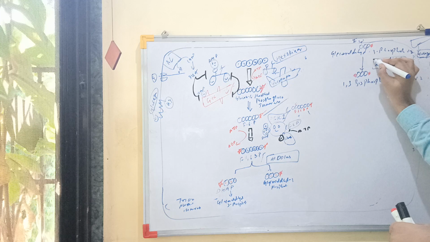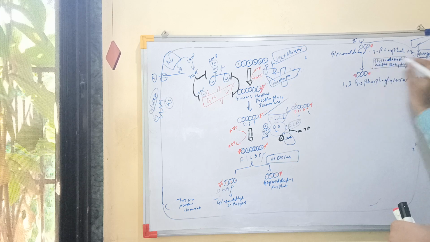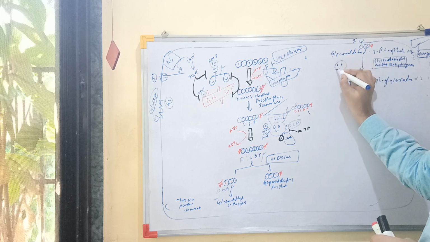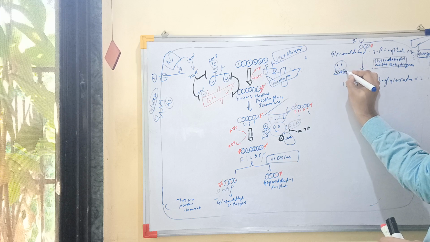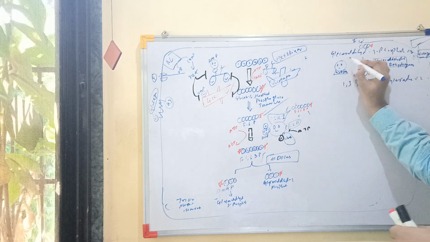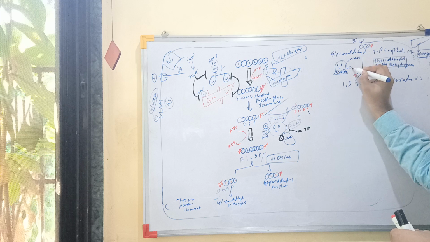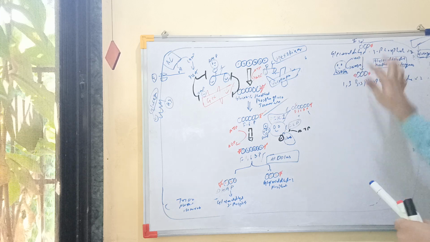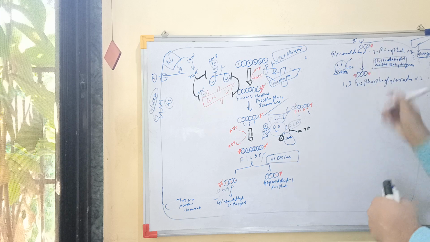This glyceraldehyde molecule, let's say this is the enzyme, glyceraldehyde 3-phosphate dehydrogenase, G3PDH. This will take NAD and will convert it into NADH. Let me write in red, so there is something energy, an important step.